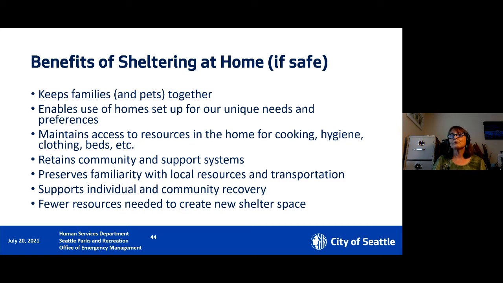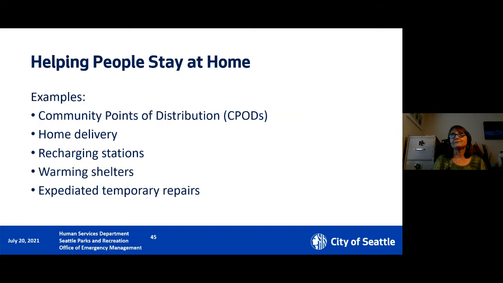It preserves familiarity with local resources and transportation. It supports individual and community recovery. And additionally, fewer resources are needed to create new shelter space and additional support.